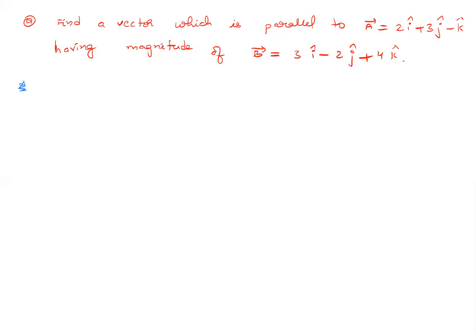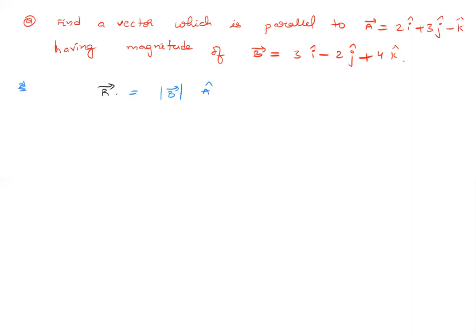So in this case, the value of this vector, no, it is not a bar, it is some required vector, some r bar. So your r bar is mod of b into a cap.